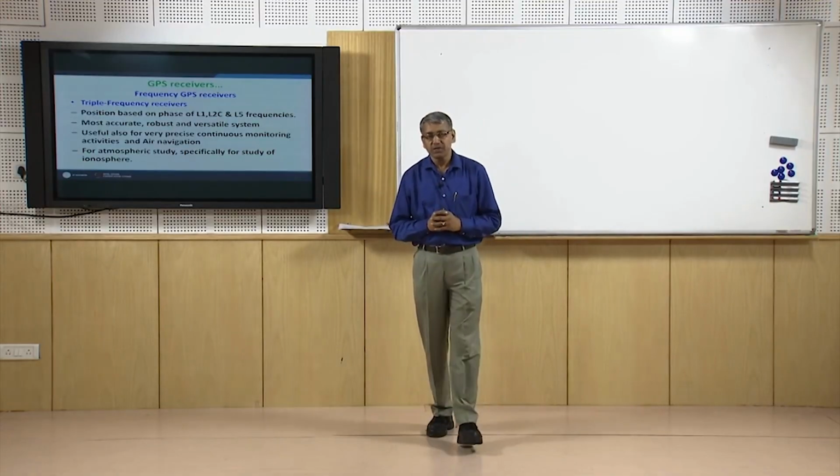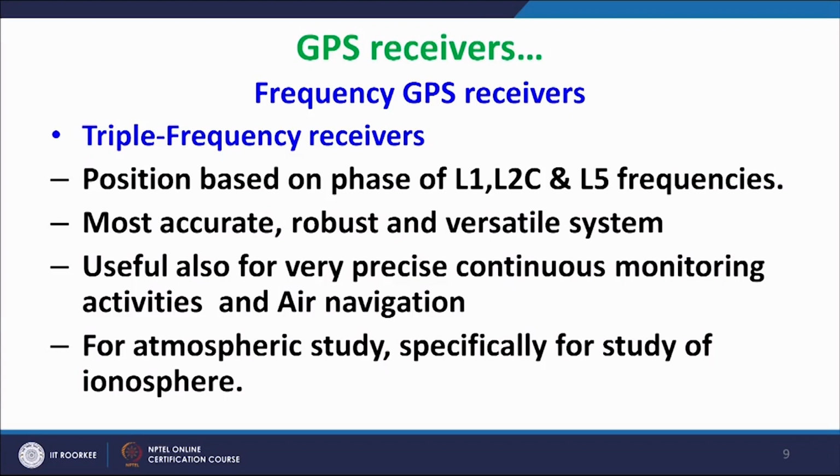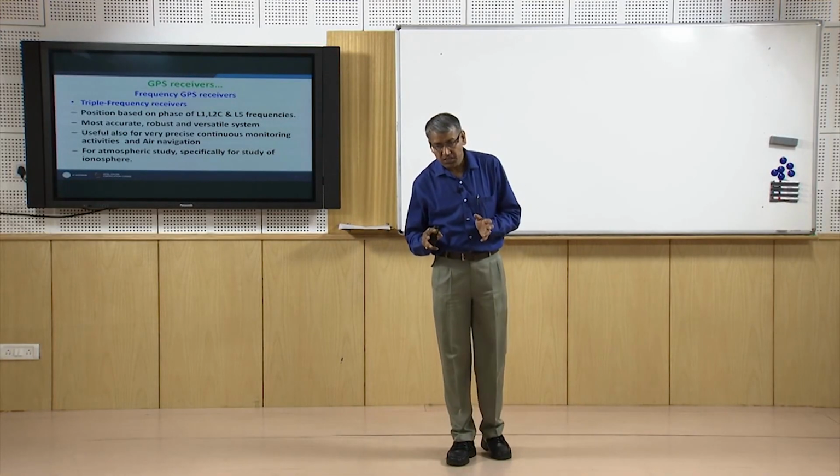This type of GPS receiver can receive signals of L1 C/A code, L2C as well as L5 signal. Now this is the most robust GPS receiver because it can decipher all three civil signals. So it is versatile in nature, and this type of receiver provides very precise position.